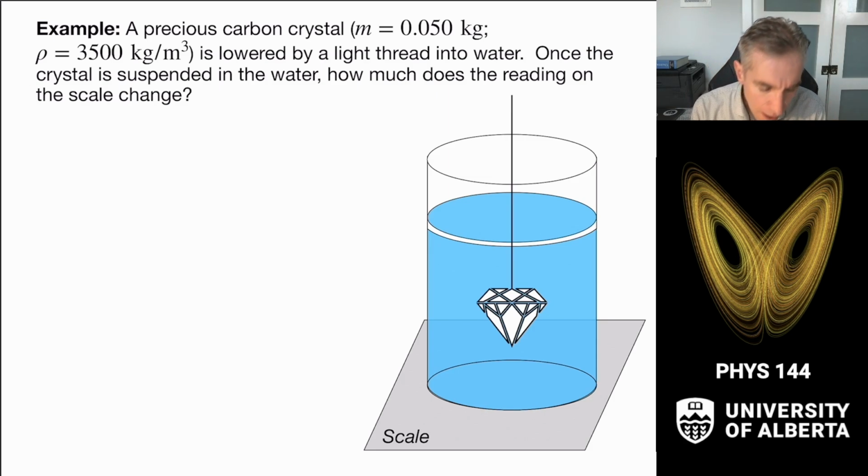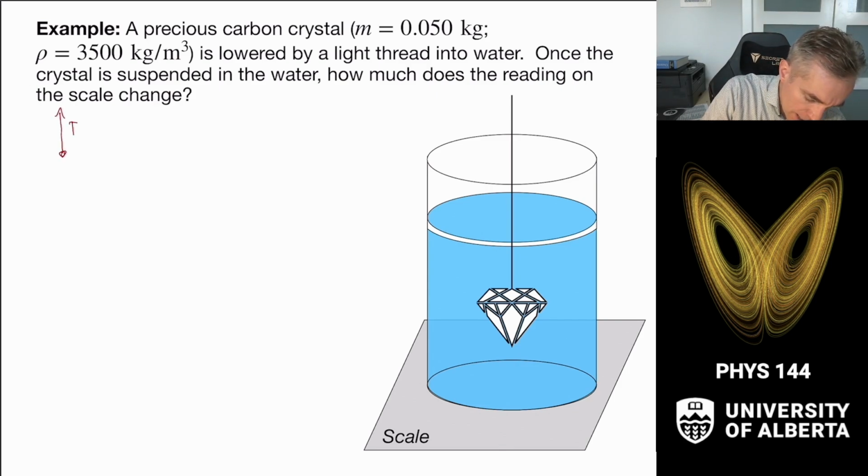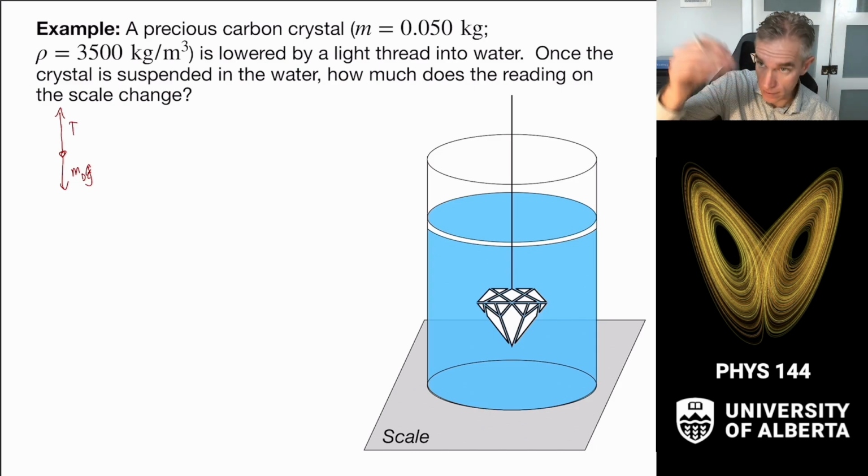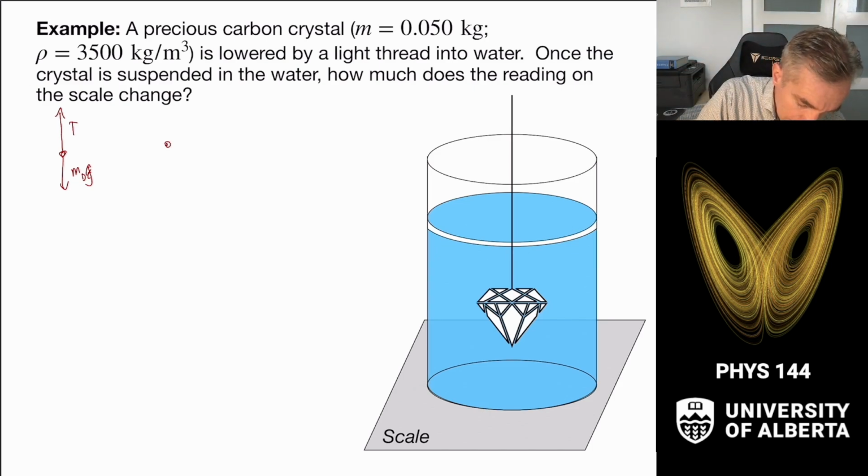So we can think about this two different ways. I think the easiest way is that we have a before case where we have a tension and the weight of the diamond as one set of forces that are suspending the diamond. And then we have the weight of the water, let's call it m H2O times g, and the normal force of the scale.